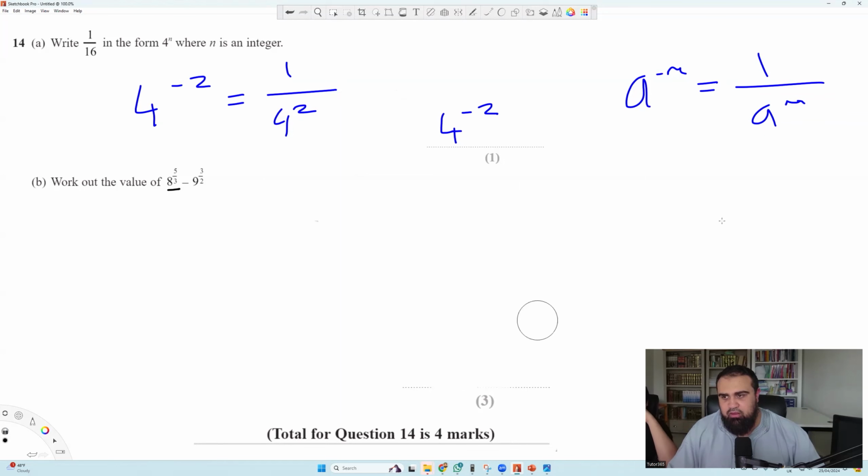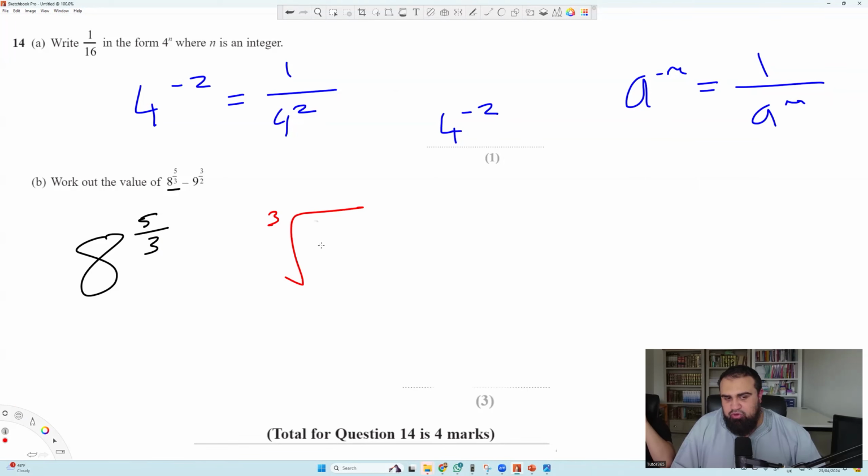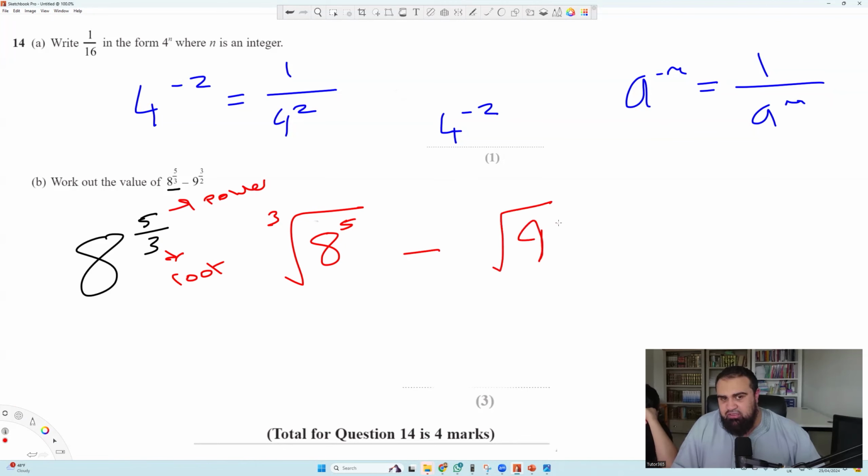Okay. You have to deal with each part by itself. So 8 to the power of 5 over 3: you write this as the cube root of 8 to the power of 5, because that's the root and that's the power. That's being minused by root 9 to the power of 3, because that's the root, and the top is the power, which rhymes with flour.